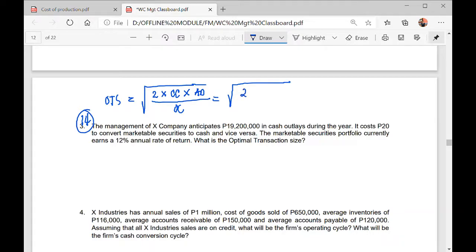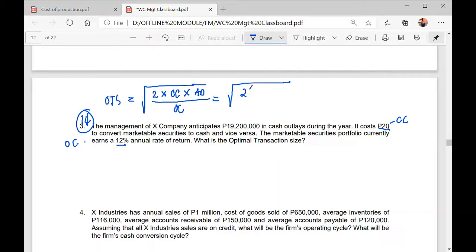Based on the problem, the management of X anticipates 19.2 million in cash outlays during the year, and it costs 20 pesos to convert marketable securities to cash and vice versa. The marketable securities portfolio currently earns 12% annual rate of return, and this is our opportunity cost, and this is our conversion cost.